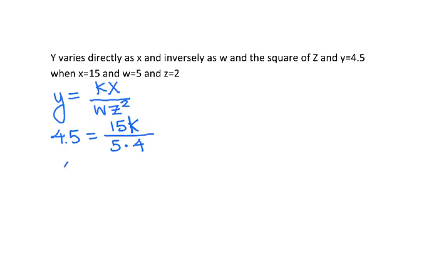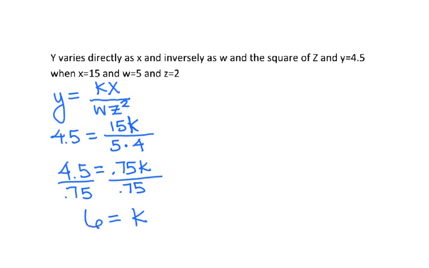In other words, 4.5 equals 15 over 20, which is 3 over 4, or 0.75, because I'm going to try to get it all into decimals now, k. And if we divide both sides by 0.75, we will get k equals 6.